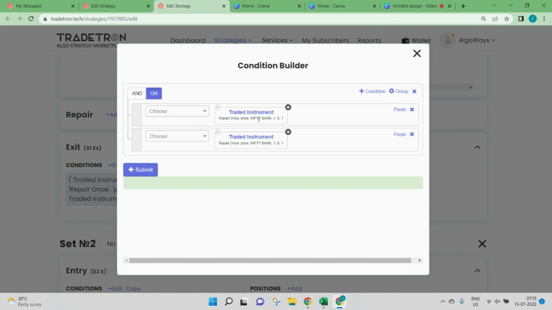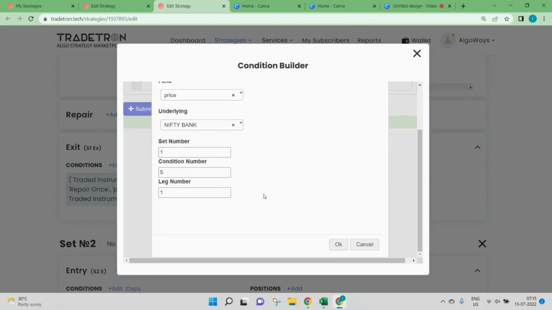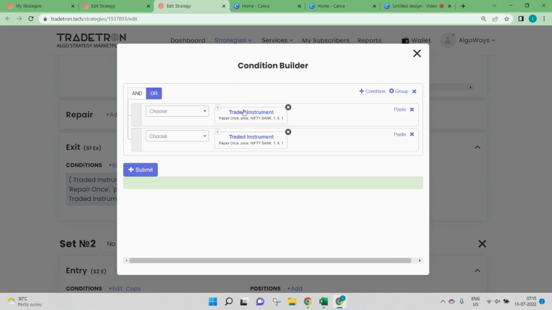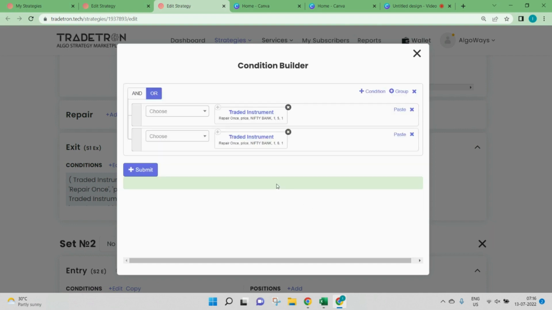This 151 repair will fetch that the CE was entered and it finally got exited, and this will mean that the PE was entered and it got exited, 161. So this will straight away fetch that yes, we have hit the stop loss, we have re-entered, we have again hit the stop loss of that particular leg, either CE or PE. That's why I kept OR.